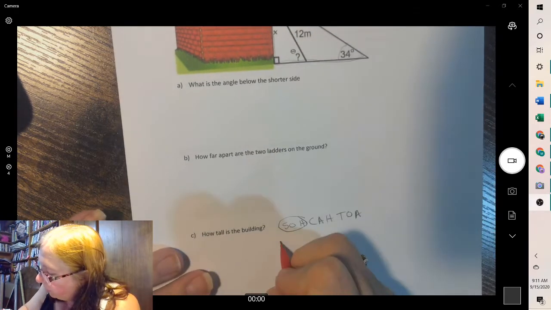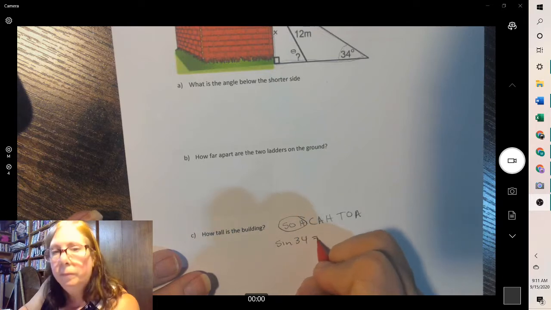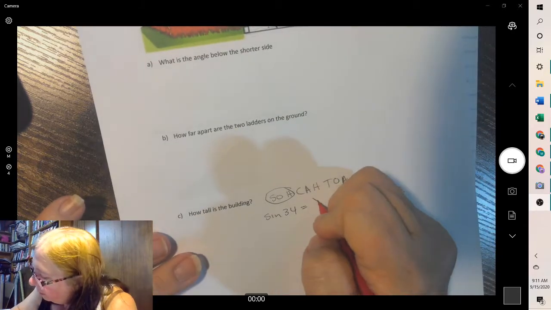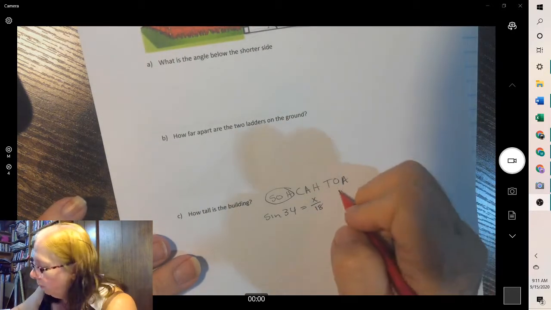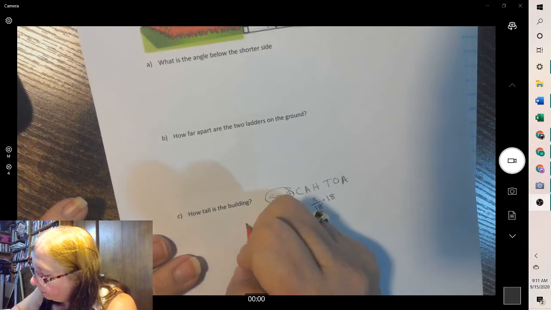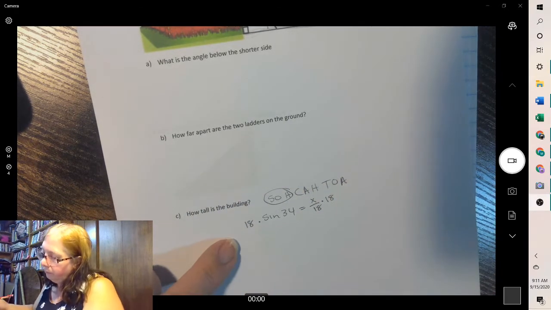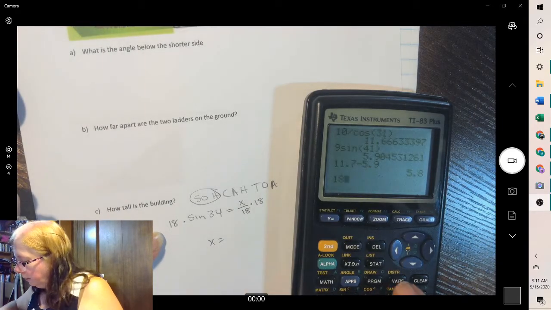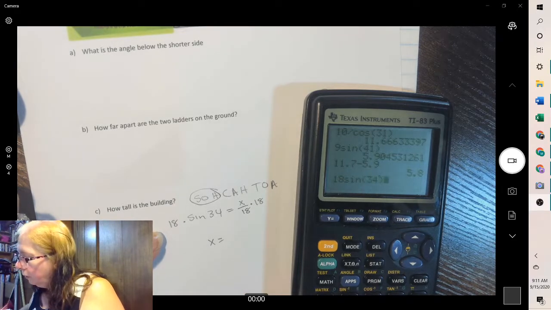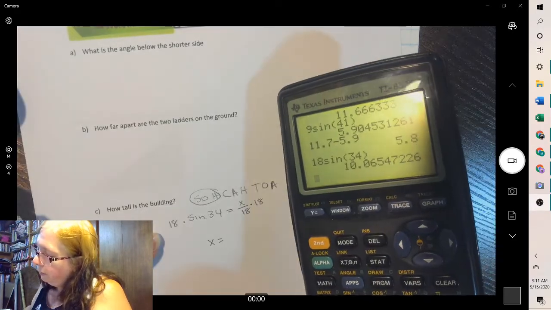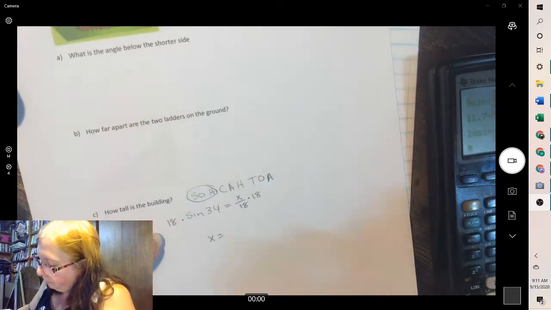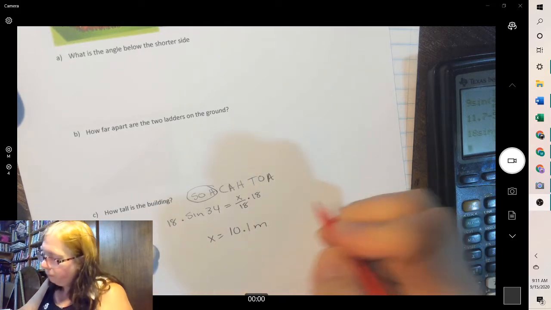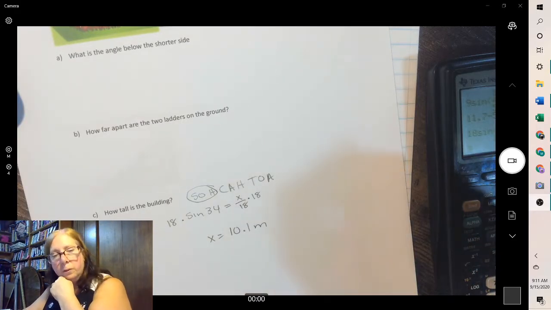So the sine of 34 equals opposite over hypotenuse, x over 18. Multiply the 18 to the other side. So 18 sine of 34, and we get 10.1 meters. So the building is 10.1 meters tall.